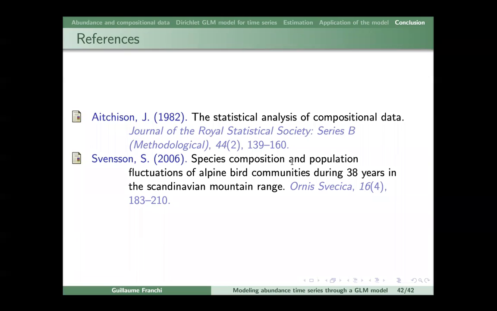It's not exactly the same, and I don't think they have good estimation results, because here what is very important is the capacity of the simplex, because everything is bounded and everything works well. But if you take standard abundance, it is not bounded, and maybe it's more difficult.